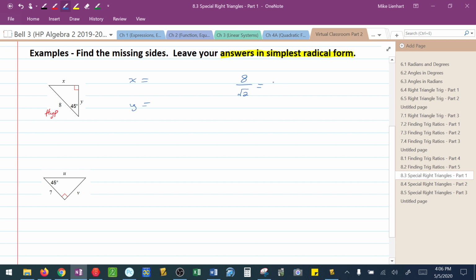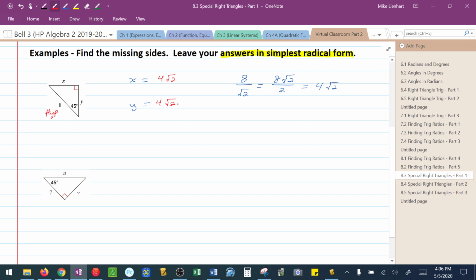Now I'm going to clean this up by rationalizing, so that would be 8 radical 2 over 2. And then simplifying, 8 divided by 2 is 4 radical 2. Therefore, x is 4 radical 2.